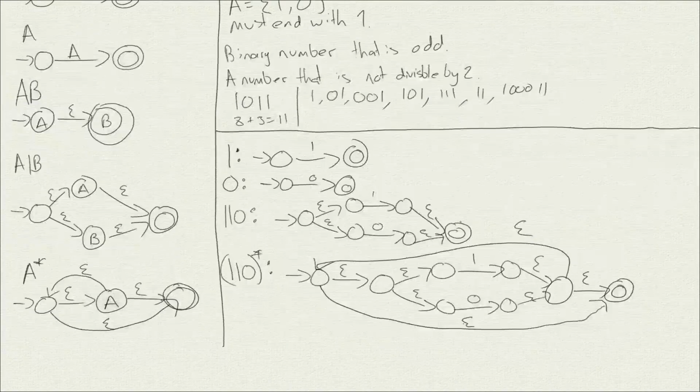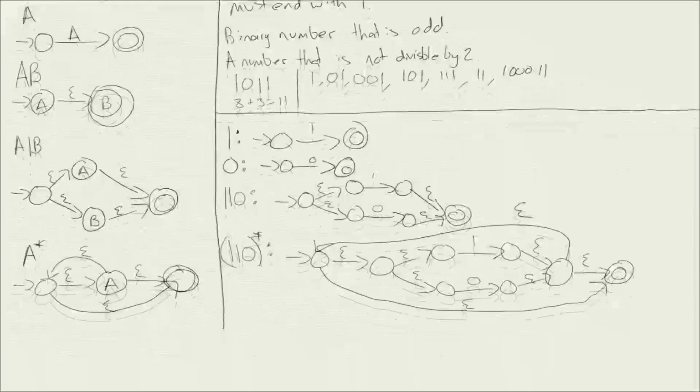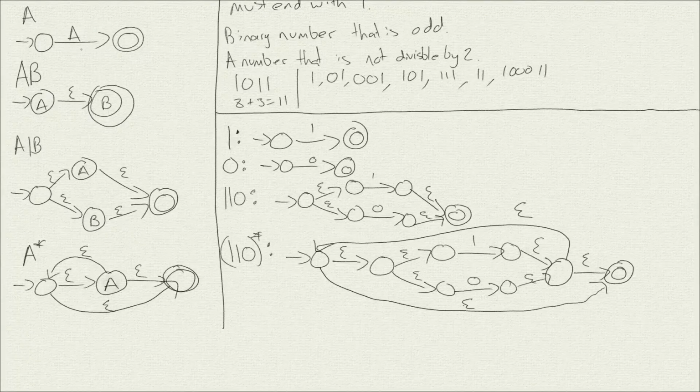So let me scroll down just a little bit. We can actually ignore the first case. It's not that useful. Then we have A. So we have these things. Now we have to just finish up, which is 1 or 0 star 1, which is the regular expression we wanted to draw at the very start.